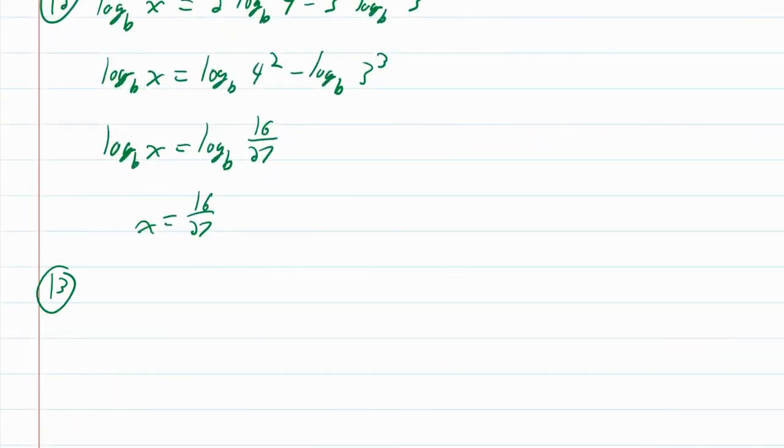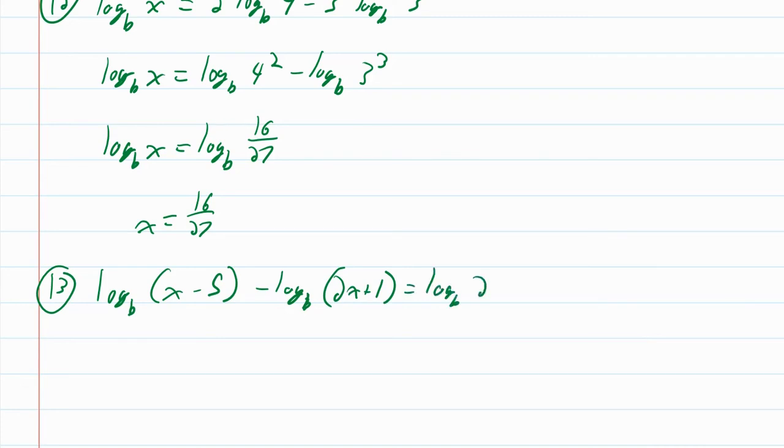Moving into another example, we have ones that have variable expressions, so log base b of x minus 5 minus the log base b of 2x plus 1 equals the log base b of 2.